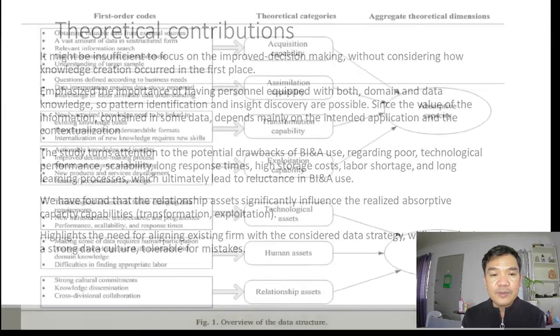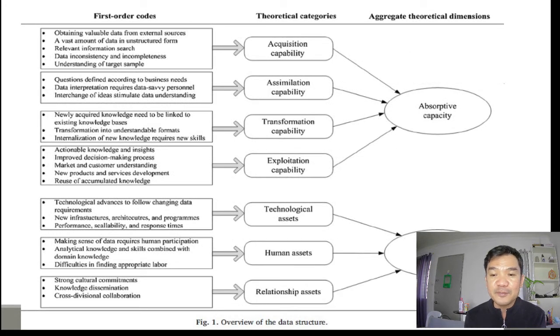So actually, this is also the result of the study. If you look at the first order codes for the acquisition capability, which is the capability of the organization to acquire knowledge outside of the organization, we have here: obtaining valuable data from external sources, a vast amount of data in unstructured form, relevant information search, data inconsistency and incompleteness, and understanding of target sample.